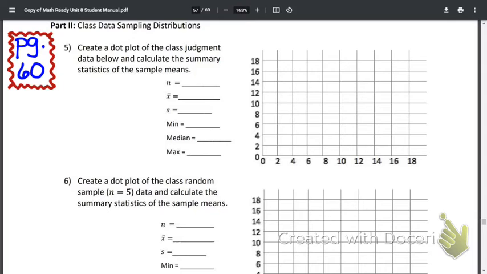So for the judgment sample dot plot, we have 2 dots on the 3. On the 6, we actually have 6 dots.